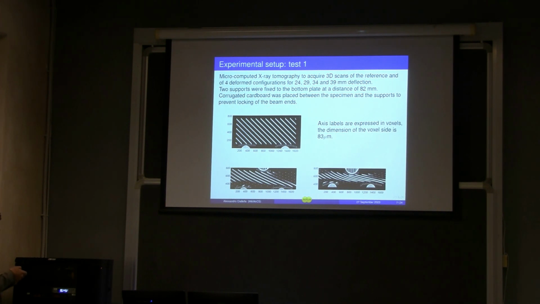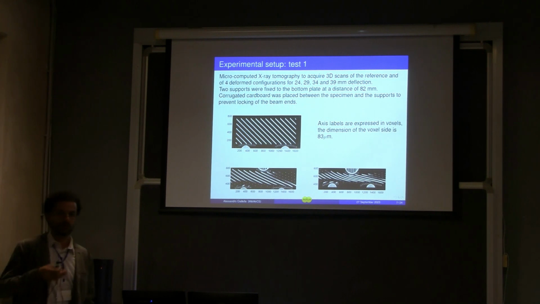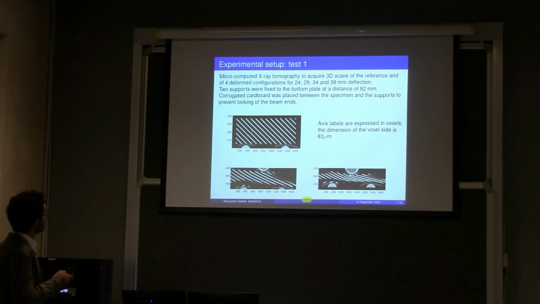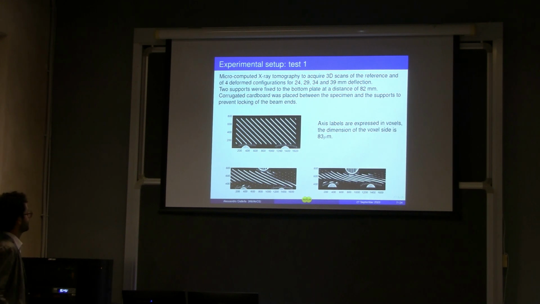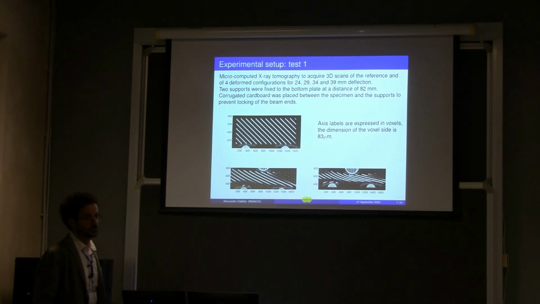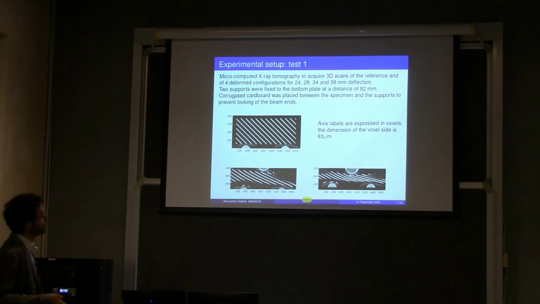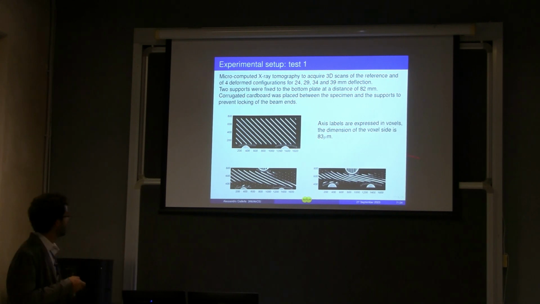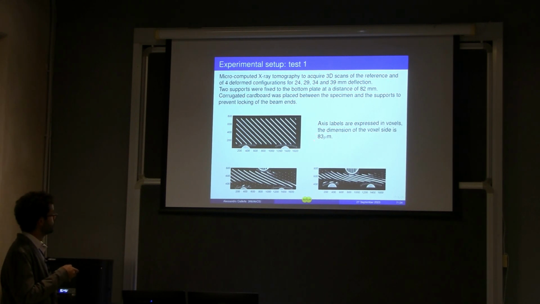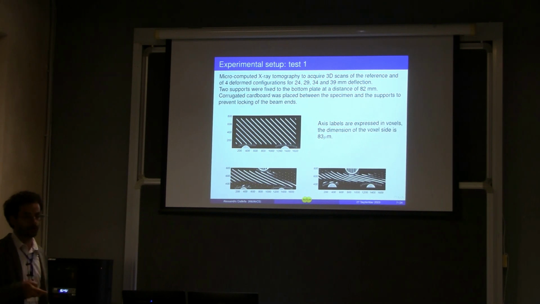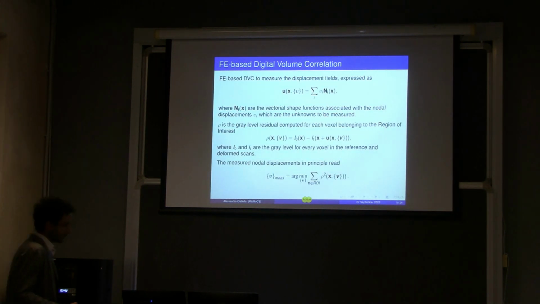Okay, here you can see the section of the sample in the reference scan and in 2 successive loaded configurations. You can see that the imposed displacement is very high compared to the height of the sample, and the labels are expressed in voxels, which are 3-dimensional pixels, whose size for this experiment is 83 micron.